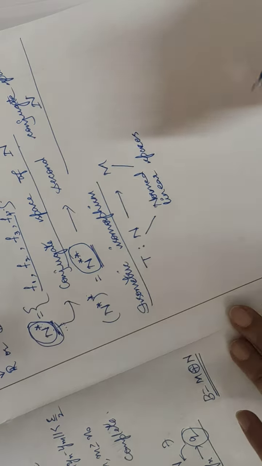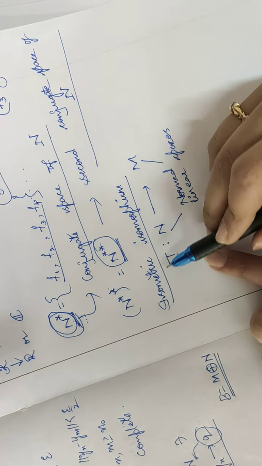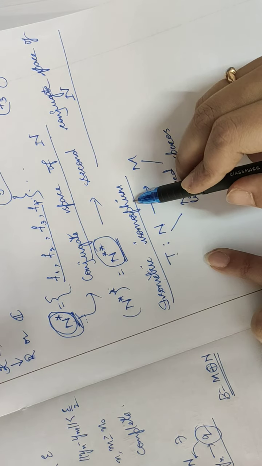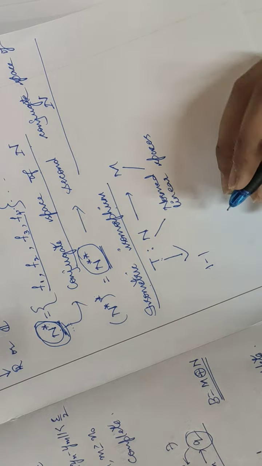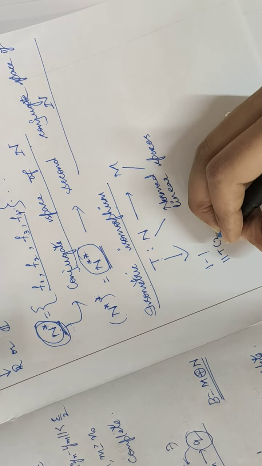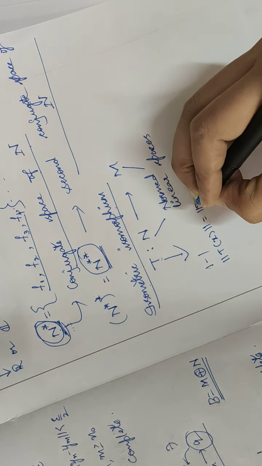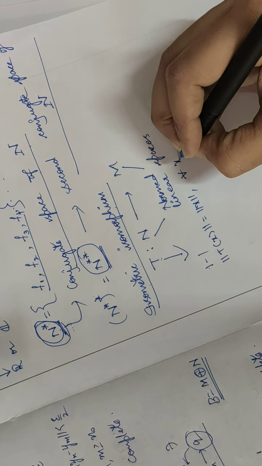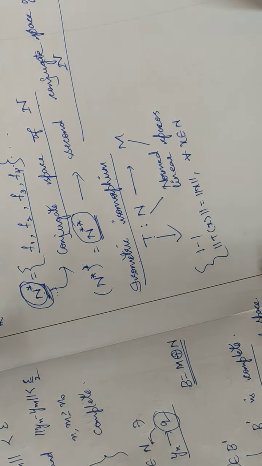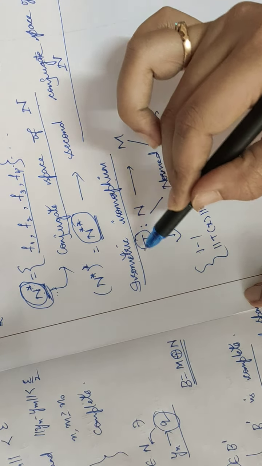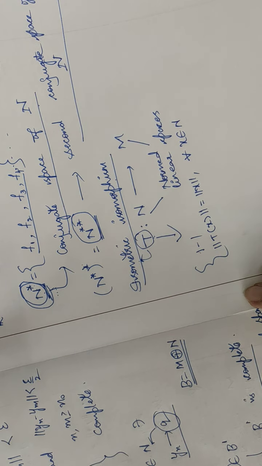Okay. I can say this T is an isometric isomorphism if this T is 1-1 and if norm of T of x is equal to norm of x for all values of x belonging to N. If these two conditions are true, then I can say that T is an isometric isomorphism.